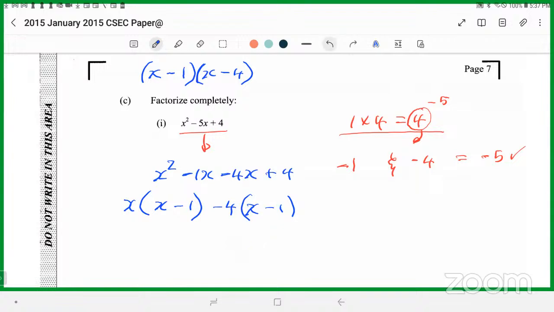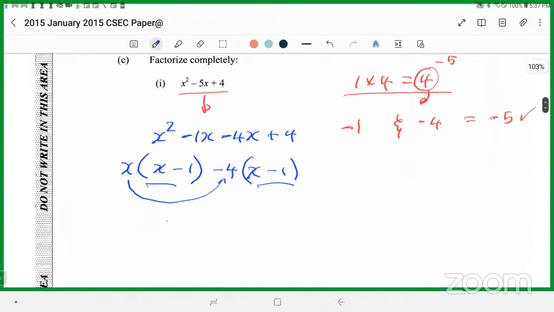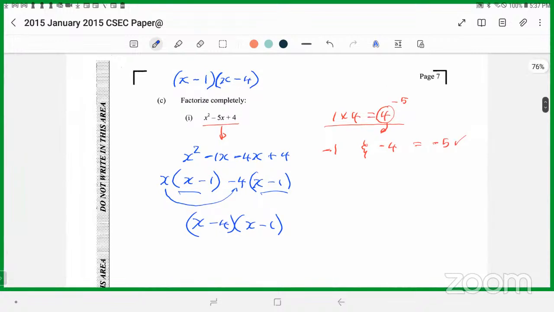You must have the same thing in the two brackets. So then this becomes a common factor, and you add the x and the -4, so it becomes x minus 4 times x minus 1, which are the same two factors up here, just switched around.